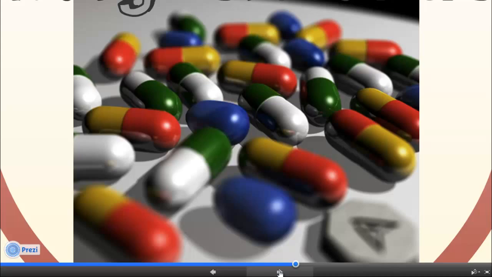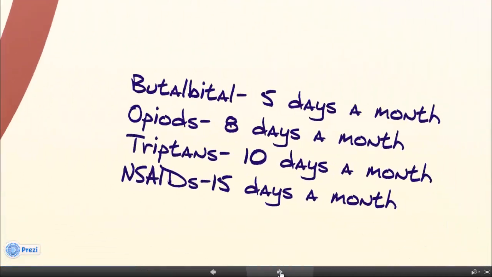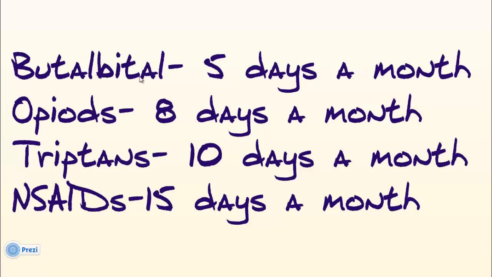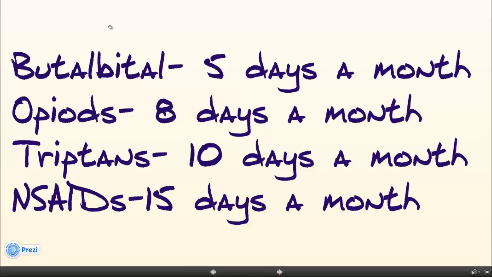And interestingly enough, the frequency of the different medications which can induce this analgesic abuse headache are relatively well defined. If one takes more than 5 butalbital containing pills per month, that can induce these analgesic headaches.